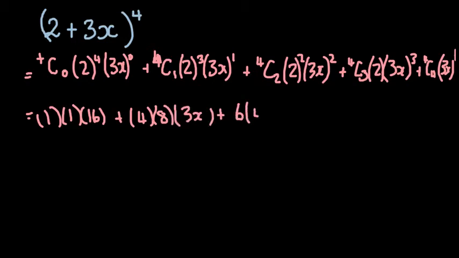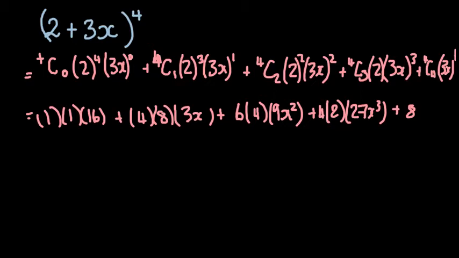So then 6, 4, and careful here, 3x squared is 9x squared. And then 4, 2, 27x cubed. And then 4 choose 4 is 1. 3x to the 4 is 81x to the 4.